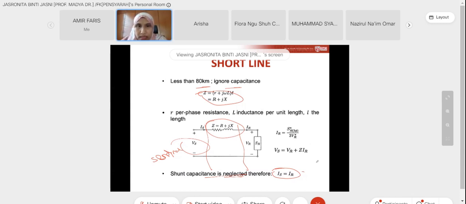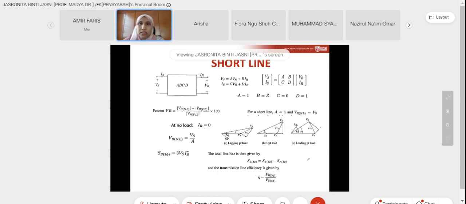Is it clear here? Okay. Remember, less than 80 we name it the short line, whereby for short line we ignore the shunt capacitance, and we get IS equals to IR.